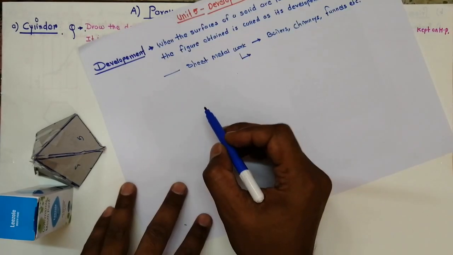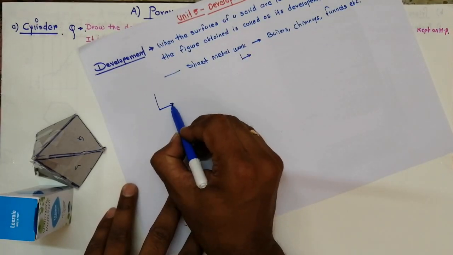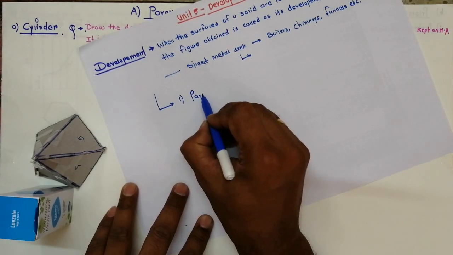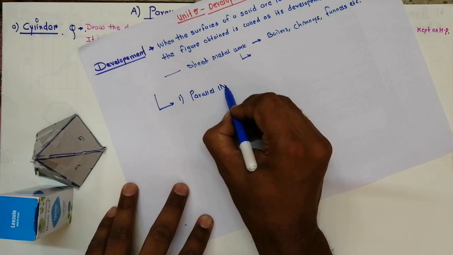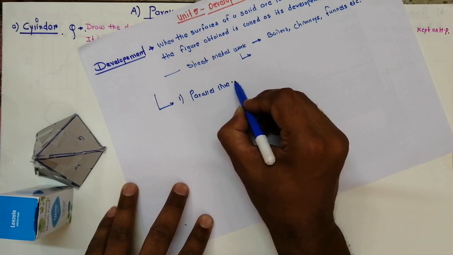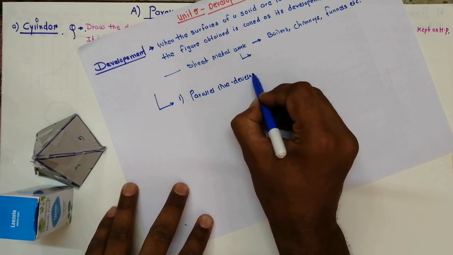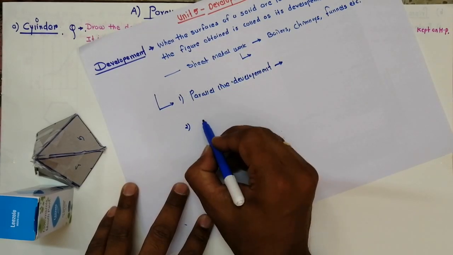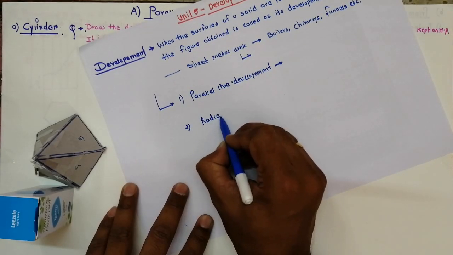There are two methods for constructing a development. The first method is called parallel line development, and the next method is called radial line development.